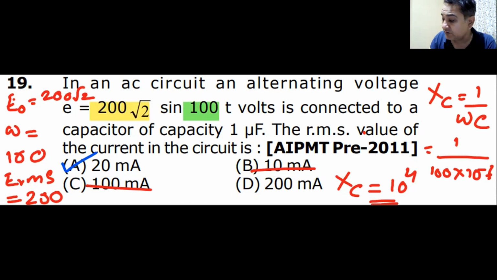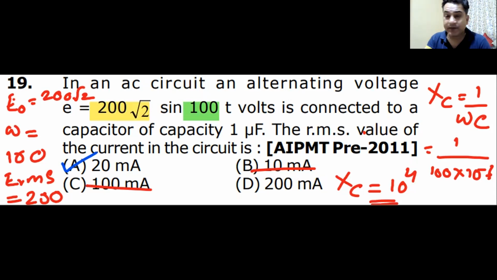How have I done this question? E0 is 200 root 2. From there, I found the value of ERMS, 200. Omega is given as 100. From there, I find the value of XC. XC is 1 by omega C. I multiply, and I find the value of XC as 10 raised to the power 4.